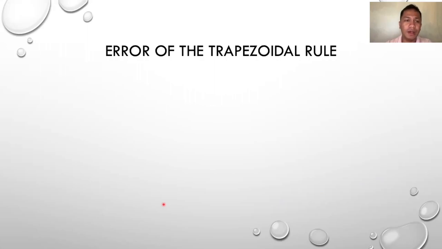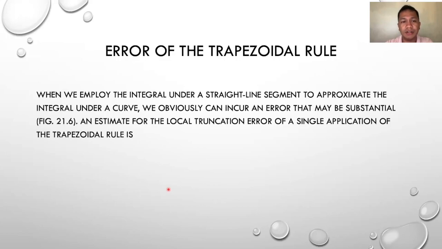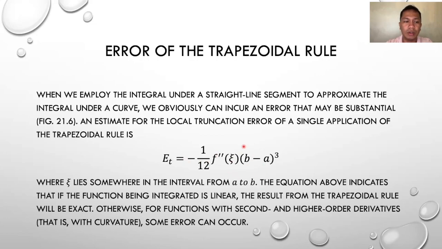The error of the trapezoidal rule. When we employ the integral under the straight line segment to approximate the integral under a curve, we obviously can incur an error that may be substantial. An estimate for the local truncation error of a single application of the trapezoid rule is 1 over 12 f double prime xi times b minus a cubed, where xi lies somewhere in the interval from a to b.